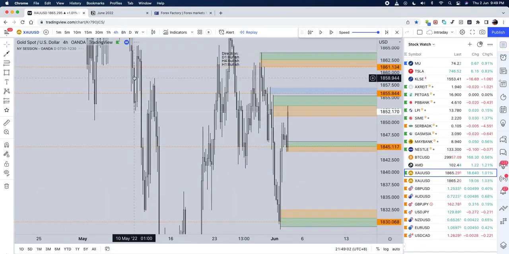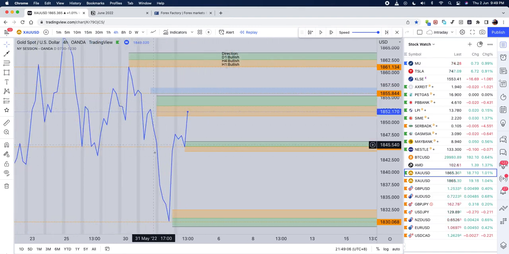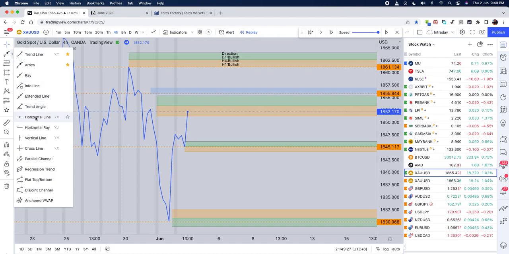So let's look at H4. In H4 we change to a line chart and we can see that I marked all the significant support and resistance levels, which is this one over here. There's supposed to be a level here.